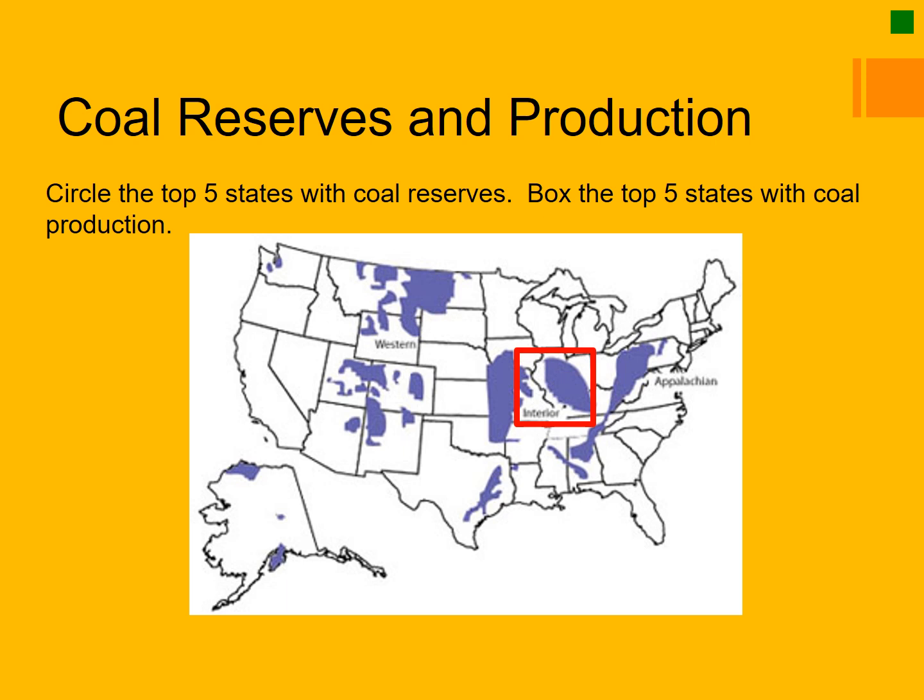Then we're going to box out the ones with coal production, meaning who takes out the most coal. These would be Wyoming, West Virginia, Kentucky, Pennsylvania, and Illinois. Notice that there's some overlap, but Montana has the most reserves, and it's not even mentioned in the top 5 for coal producing places.